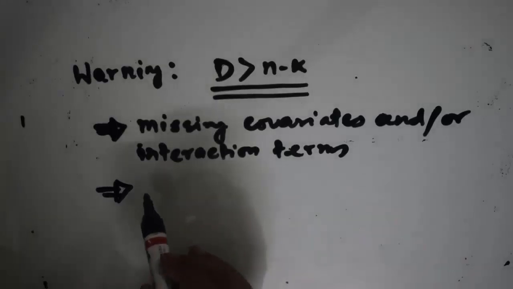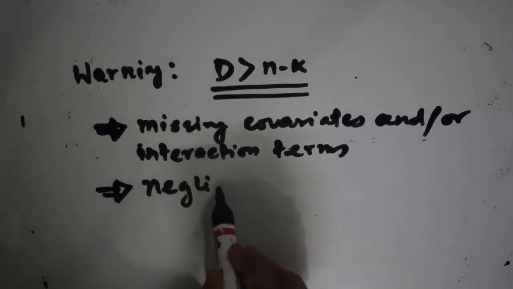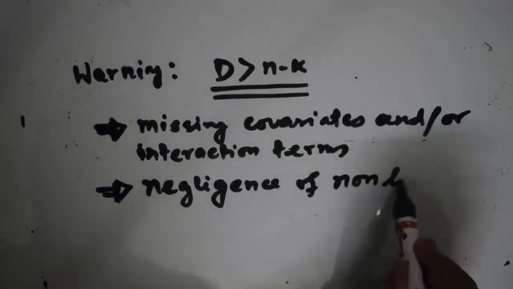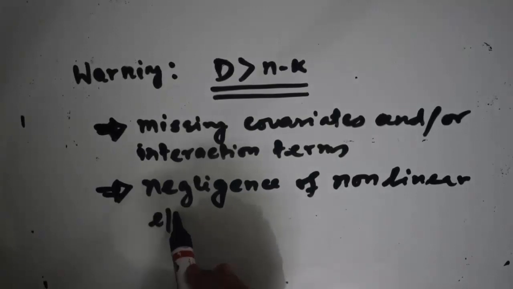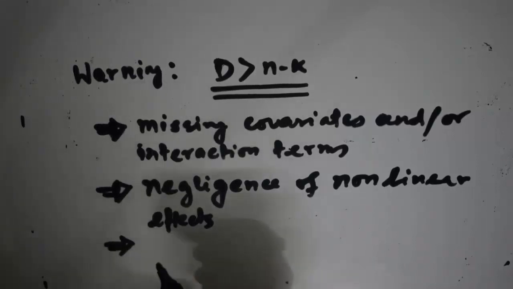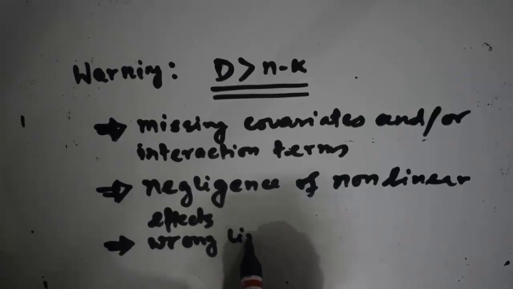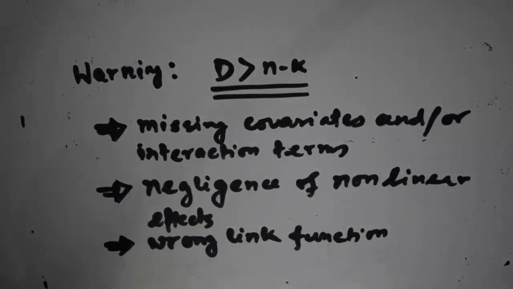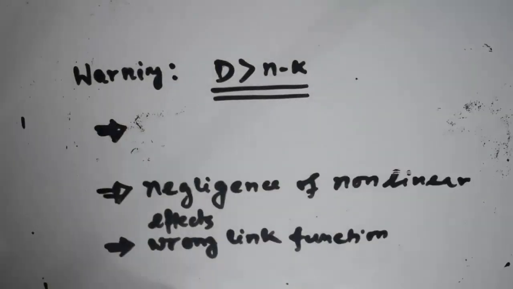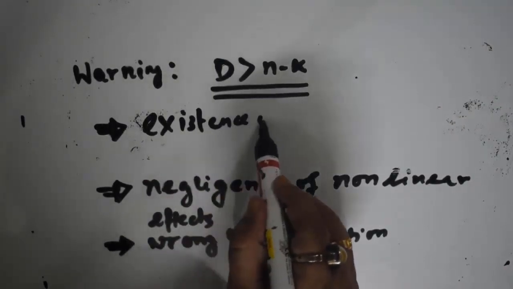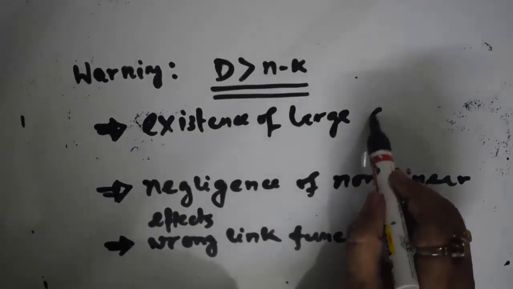Another may be negligence of non-linear effects, or you use a wrong link function, or existence of large outliers.